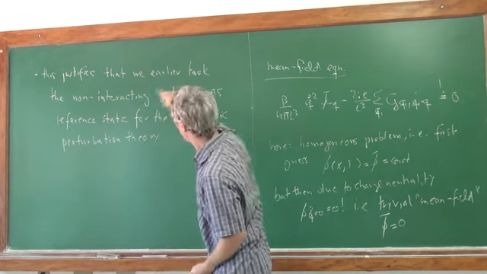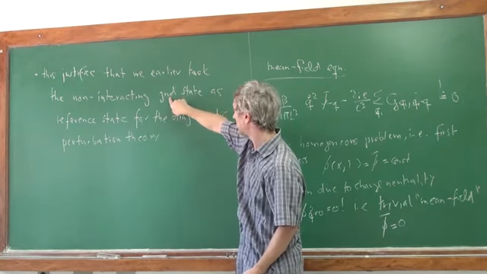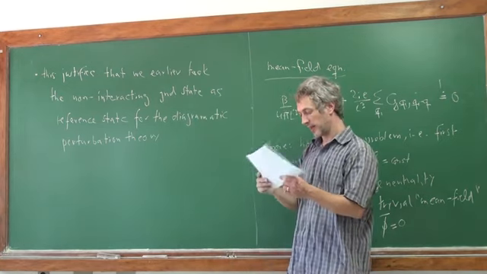Okay, so this justifies that we earlier took the non-interacting ground state as a reference state for the diagrammatic perturbation theory.